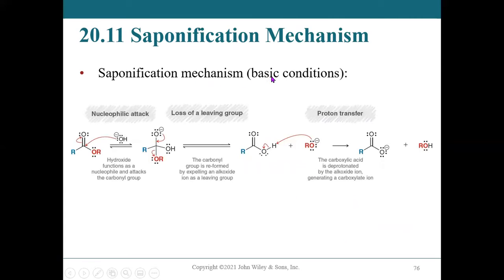Saponification mechanism, basic conditions, and the first step is nucleophilic attack. Hydroxide functions as a nucleophile and attacks the carbonyl group. Loss of leaving group. So the carbonyl group is reformed by expelling an alkoxide ion as the leaving group.